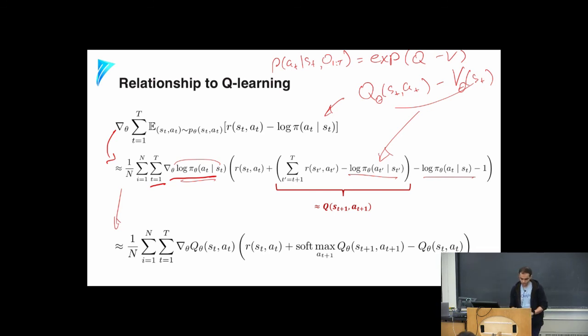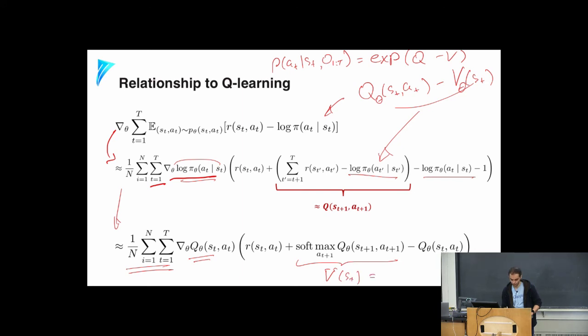So basically it's a bunch of trajectories that we sampled, and then the gradient with respect to our Q function that now depends on the parameters theta. And then in the parentheses we have our softmax. So why do we get softmax? It comes from the definition of the V(s_t).